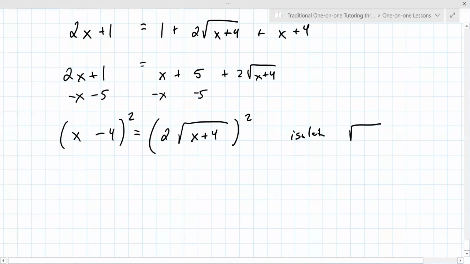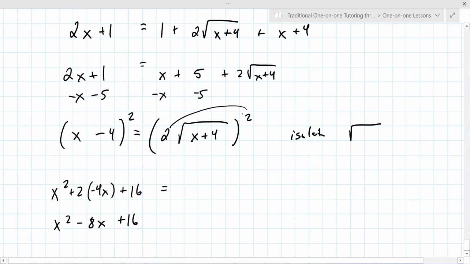The left side is, again, FOIL, or that technique I was showing you. It's x squared. You multiply these two numbers together, that's minus 4x, but then you double it. And then you square the last. So it's x squared minus 8x plus 16. On the right here, and this is critical, you have to square both of these.